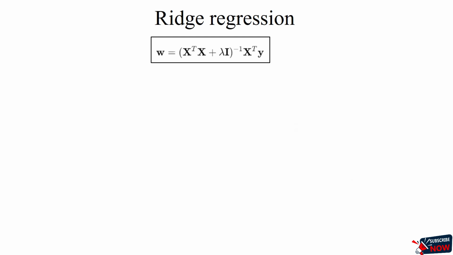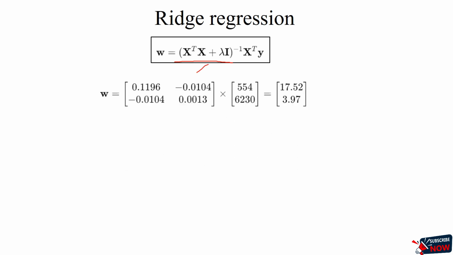In this equation, we compute X transpose X plus lambda times the identity matrix and apply the inverse, which results in this matrix, and then calculating X transpose Y results in this matrix. When we find the product of these two matrices, the resultant matrix is 17.52, 3.97.